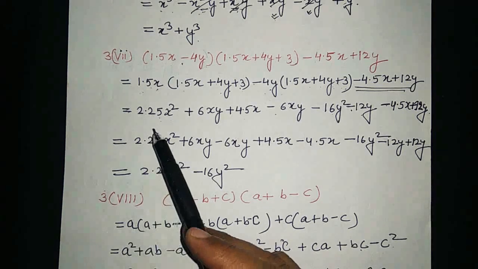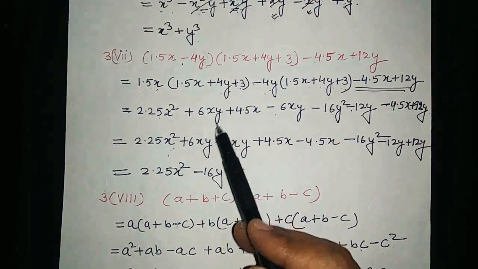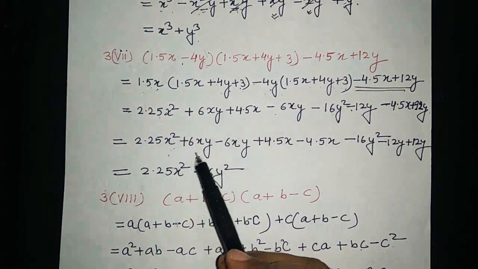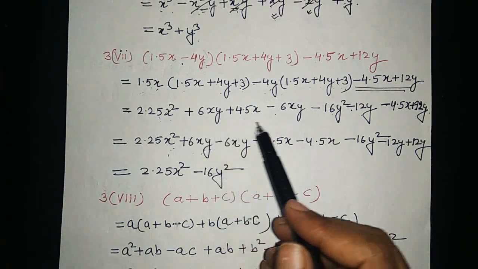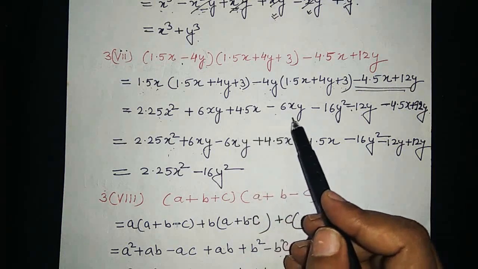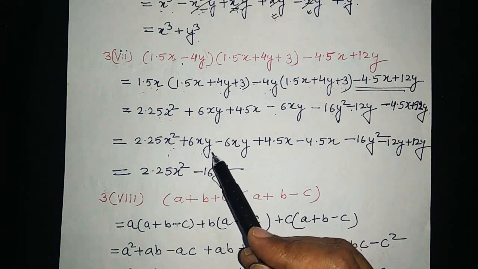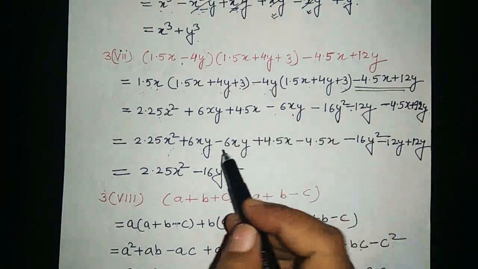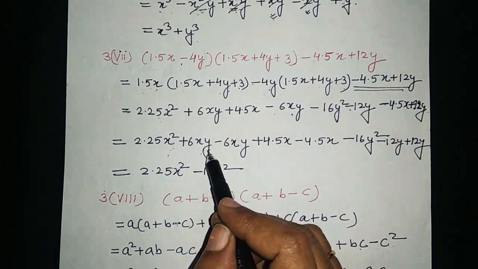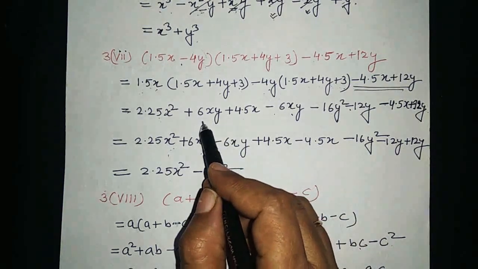So here you will write 2.25x square, 6xy we will write, and we will search whether we have any such like term or not. Here we have got such a like term, minus 6xy. So after plus 6xy, we will write minus 6xy.